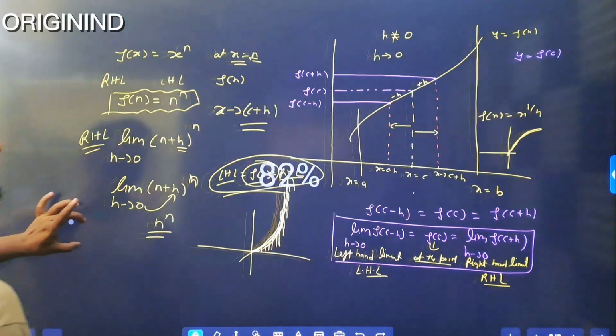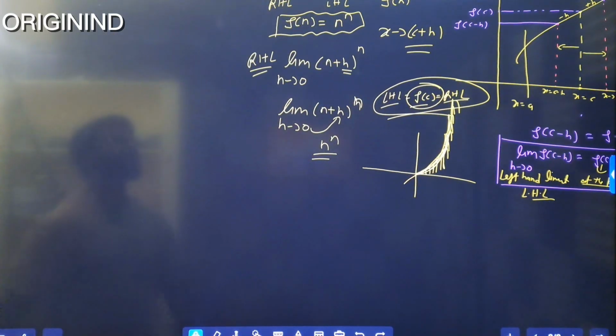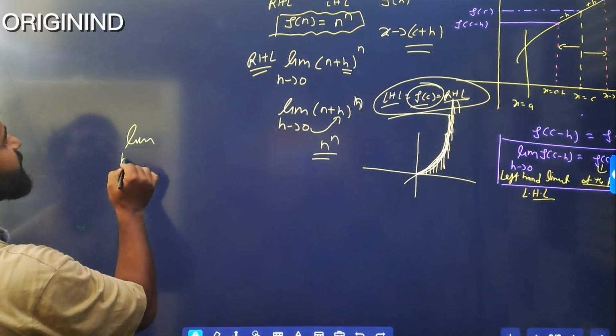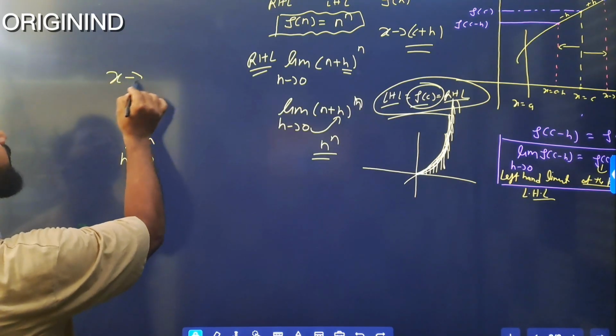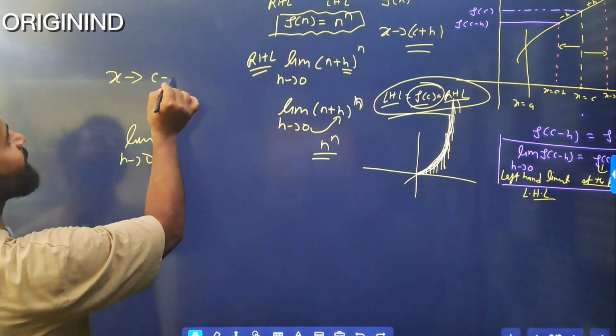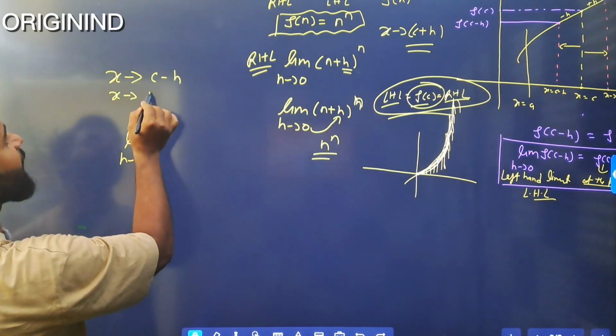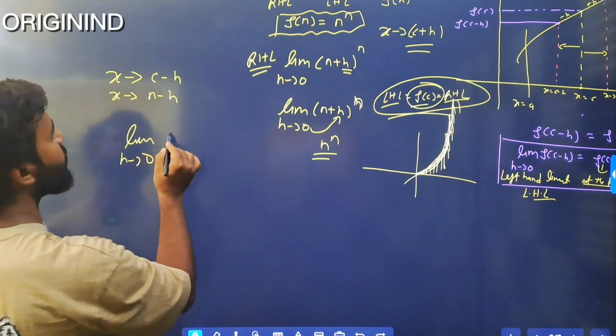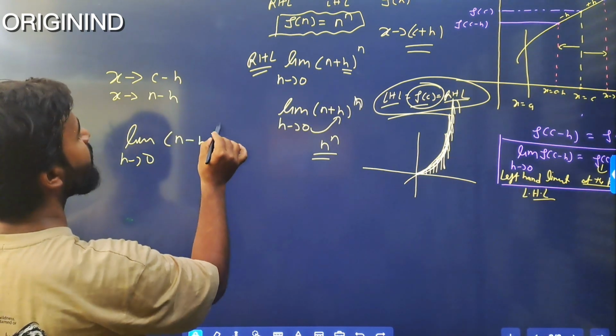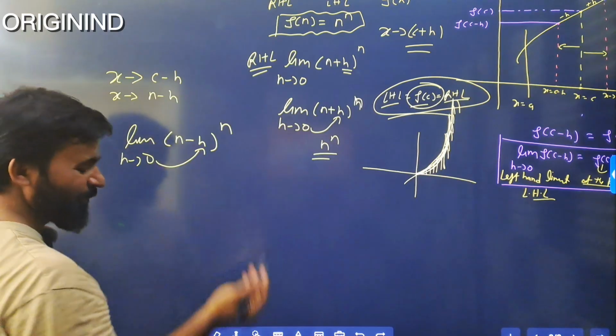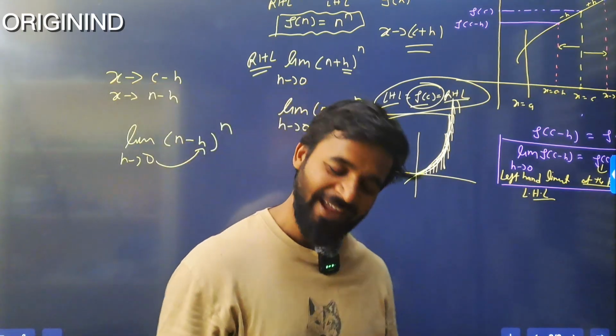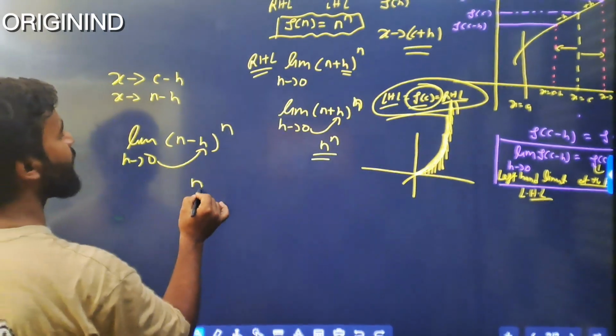Now we find LHL. In LHL you replace c minus h, which means n minus h, so limit h tends to 0 of n minus h to the power n. As h tends to 0, n to the power n comes again.